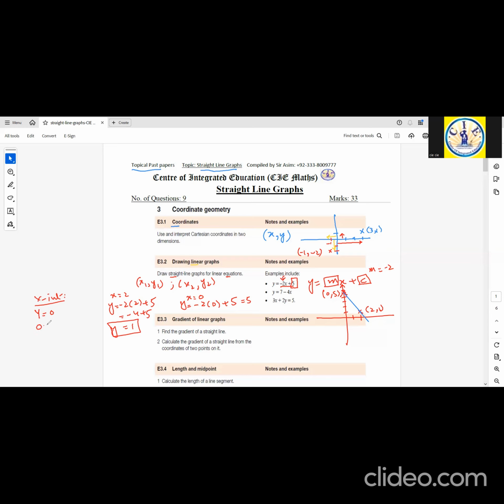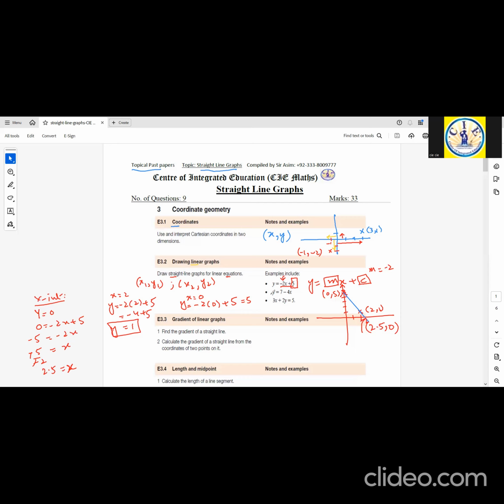So in this case, 0 is equal to -2x plus 5. So -5 is equal to -2x. So the value of x is -5 divided by -2, which will give me x is equal to 2.5. So this x-intercept is 2.5 and the point is 2.5 comma 0. So this is how we draw the graph of this equation.